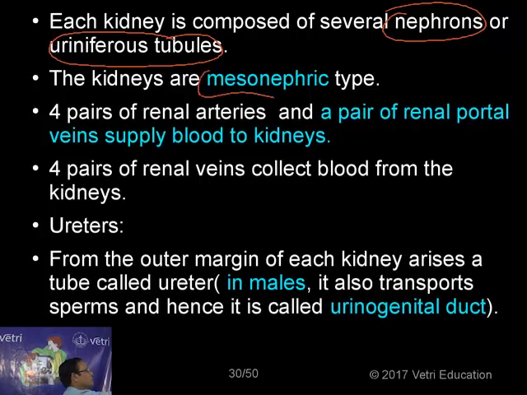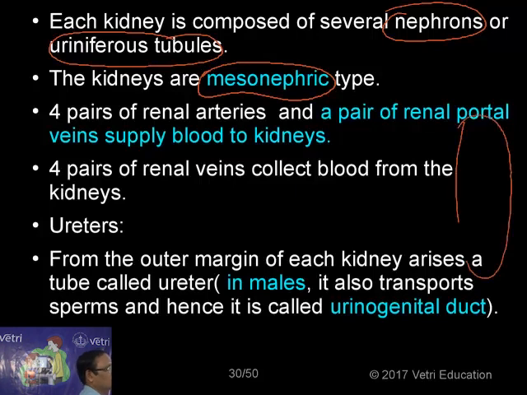Now, the type of kidney in the frog is called the mesonephric type, mesonephros. I mentioned that we have different types of kidney based on the place of origin during embryonic development. In some cases, the kidneys are developed at the anterior end; then it's called pronephric kidney. In some cases, the kidneys are developed in the middle part of the body; they are called mesonephric.